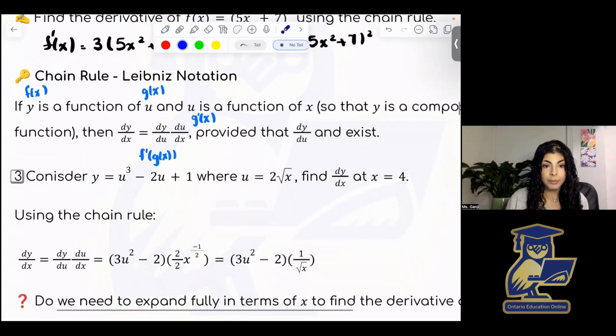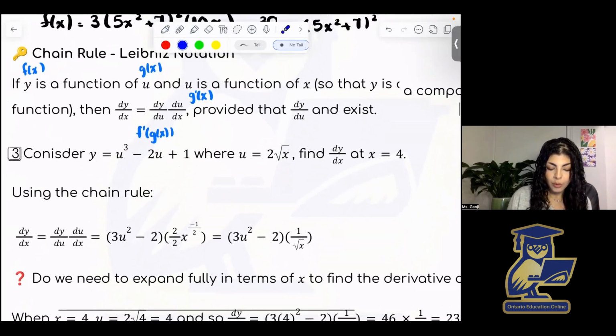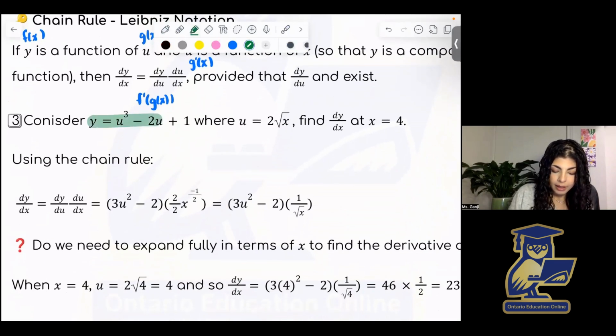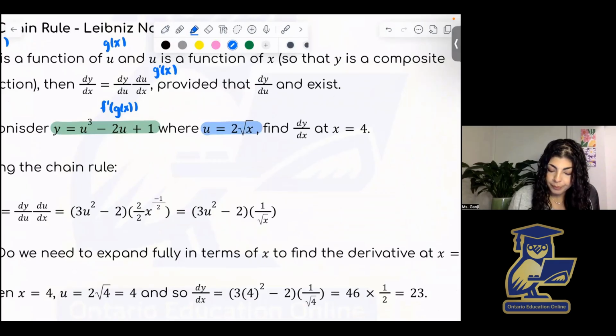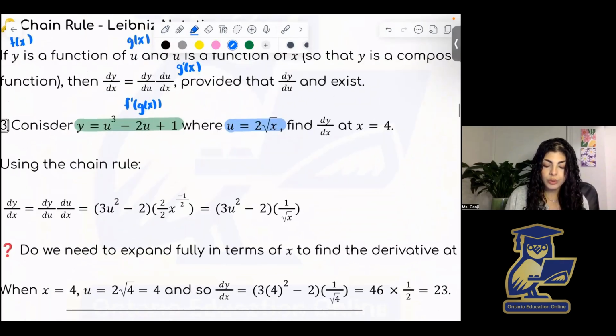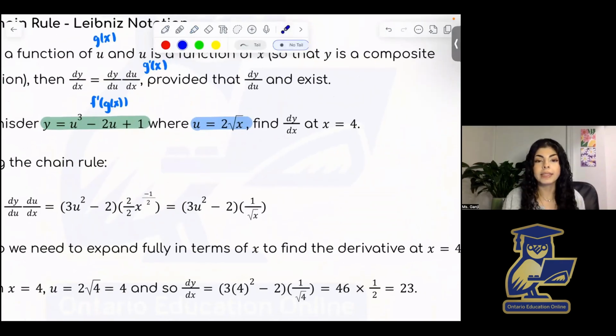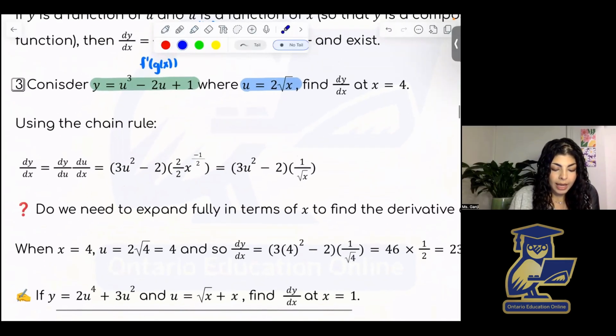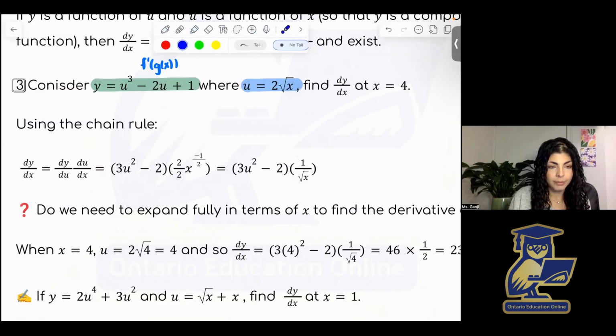So now let's practice that with Leibniz notation. So consider here we have y and we have u here. And we're asked to find the derivative at x is equal to 4. So starting with the chain rule, and I'm using Leibniz notation, so good practice here.